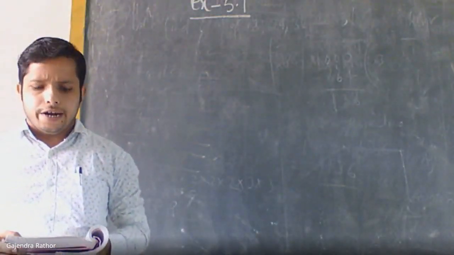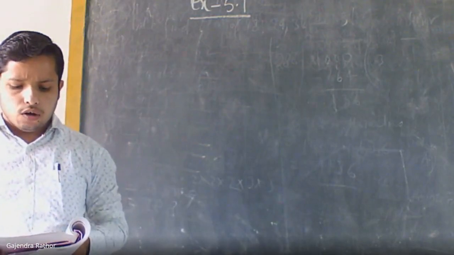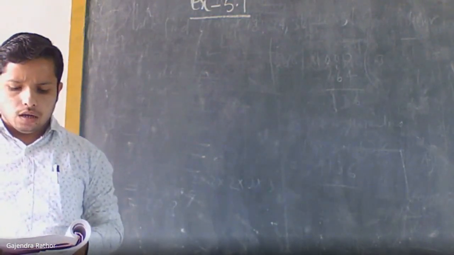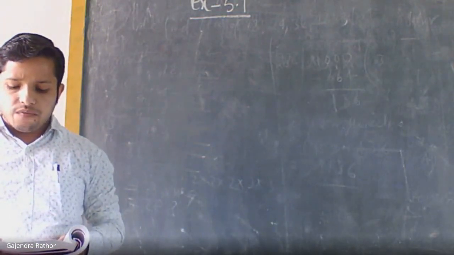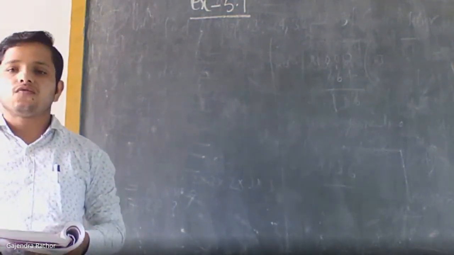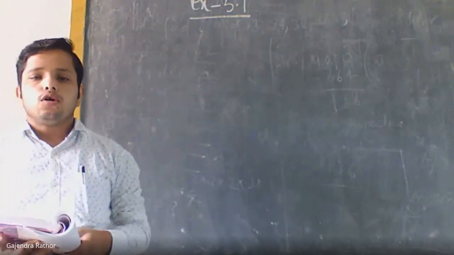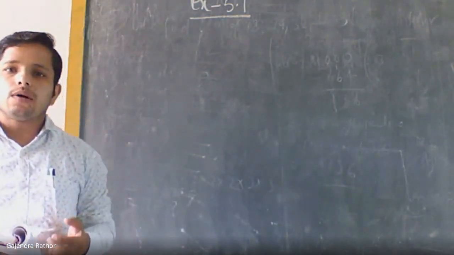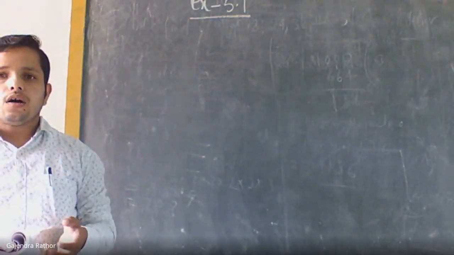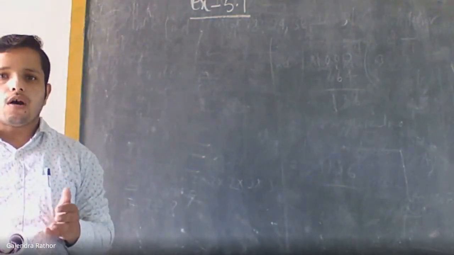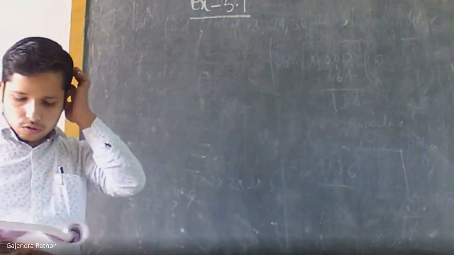Question number 2 is, write the first 4 terms of the AP when the first term a and the common difference d are given as follows. So in this question, 2 values are given, the first term and the common difference. You have to find the first 4 terms of that AP. Let's start.